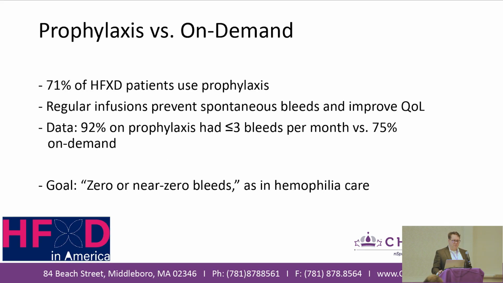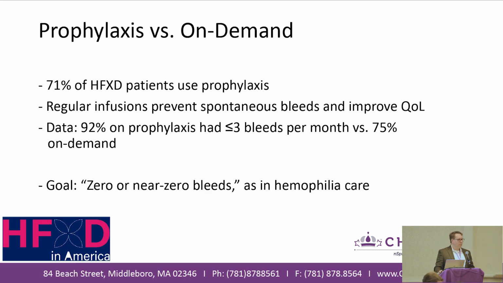Prophylaxis versus on demand. We said about 3/4 of the factor 10 deficiency patients were being treated to prevent bleeding, and that helped improve their quality of life. But there are some of these patients that are having upwards of 20, 30 bleeds needing treatment every year.